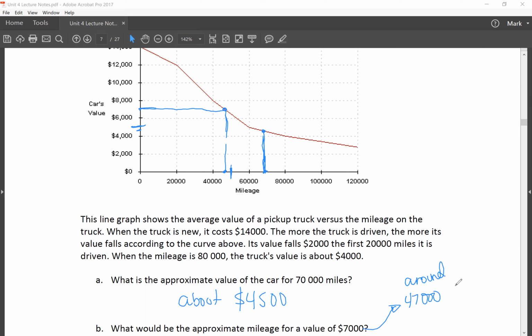Now, I'm looking at the answer key. The answer key says 49,000, but I think this is closer to 47,000. Again, though, it's all an approximation. It's not perfect. But remember, in the middle is 50,000, so it has to be less than 50,000. Yeah, that's how you read a line graph.